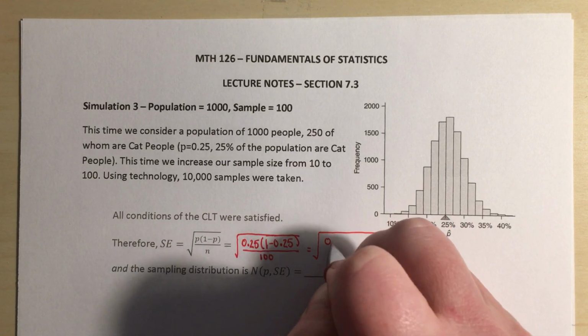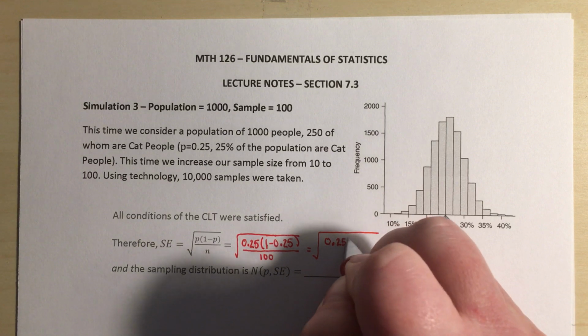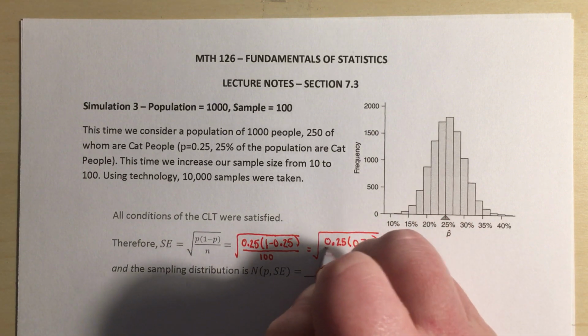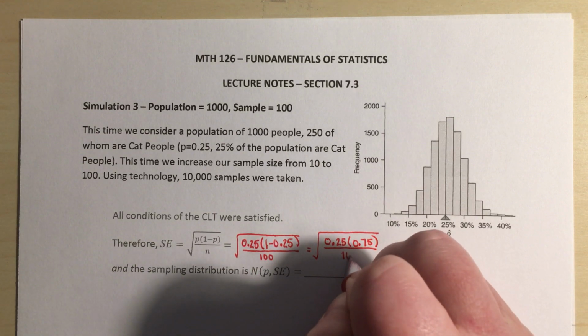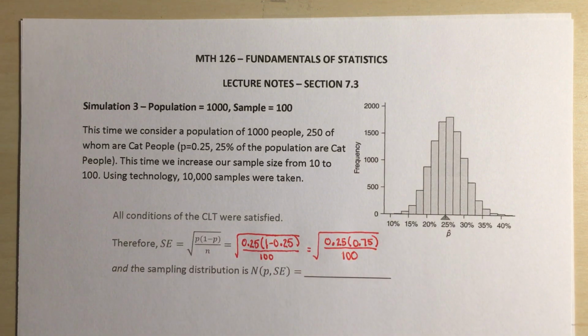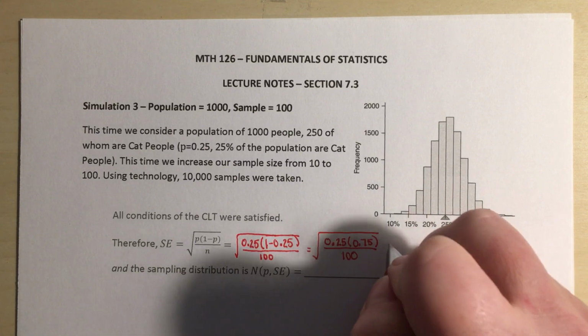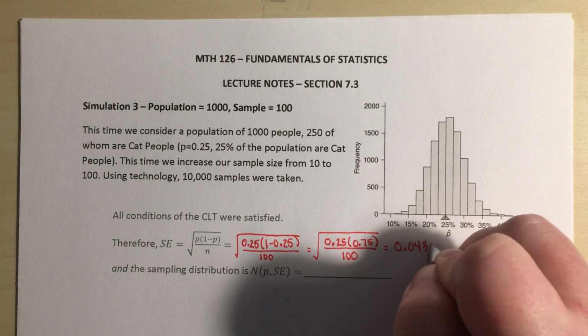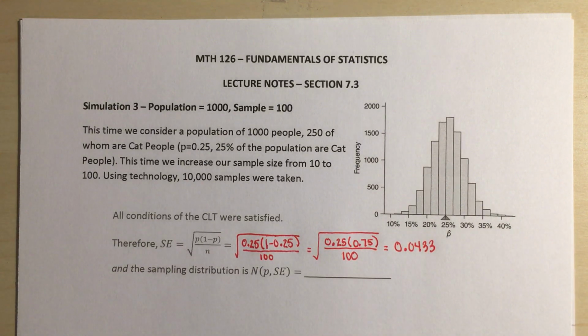So we're taking 0.25 times 0.75, dividing that by 100, and then taking the square root of that. That is going to give us 0.0433. Again, the less rounding we can do until the end, the better. You want to practice getting these into your calculator, and as you're plugging them in, you should be getting the same answers that I am getting.